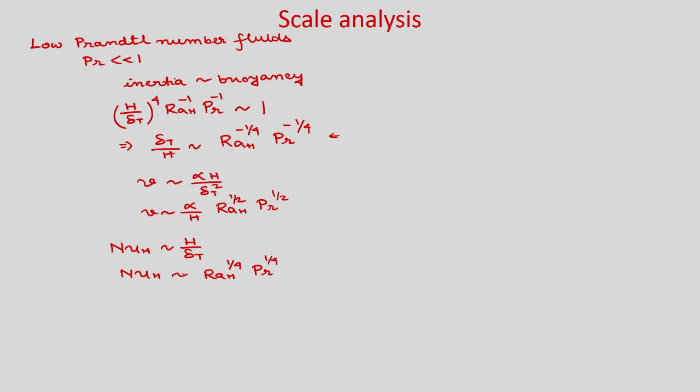Okay. So, we can conclude Rayleigh number into Prandtl number plays the same role for low Prandtl number fluids as Rayleigh number plays for high Prandtl number fluids, because for high Prandtl number fluids, we have shown that Nusselt number h will be order of Rayleigh number to the power 1 by 4. Okay, and this is for low Prandtl number fluids, and from here we will define another non-dimensional number that is known as Boussinesq number.